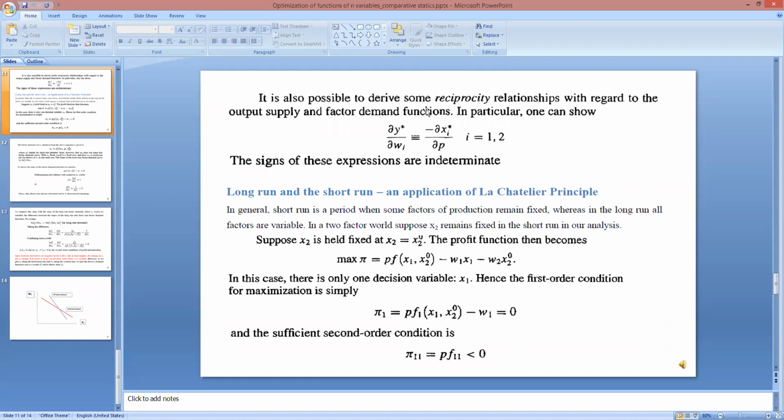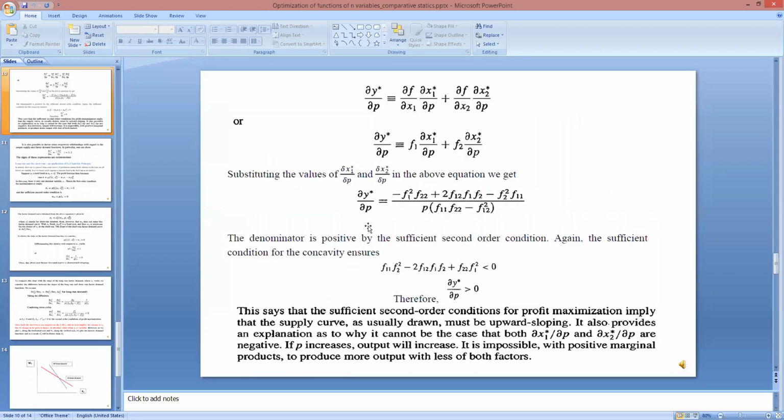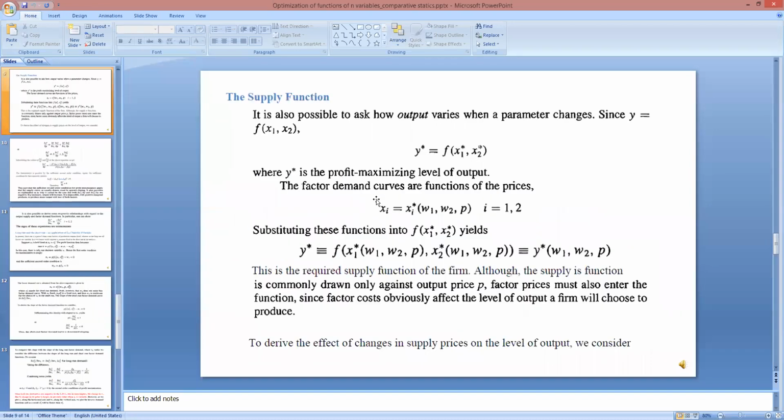I think everybody could write. So first of all, here there are two things. First of all, you need to derive del y star by del w1, like del y star by del p, and del y star by del w2. These are two separate exercises, in fact. So like this expression, you can find out del y star by del w1 starting from this basic expression, and you can find out del y star by del w2.